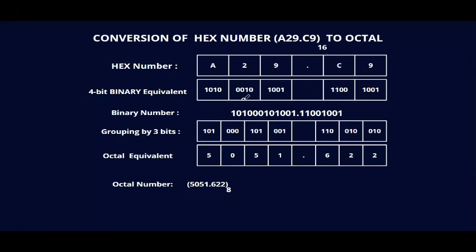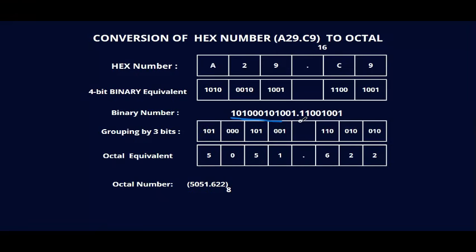Joining all these, we get the binary number as shown here. Next, we have to convert the binary number obtained here to its octal counterpart. For that, what we do is we make groups of 3 as discussed earlier.